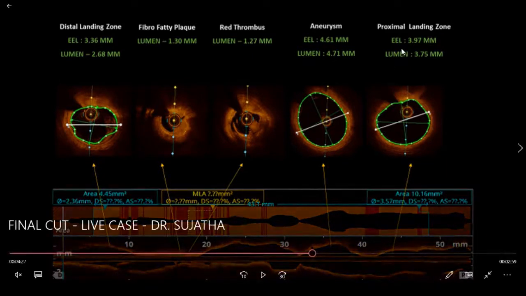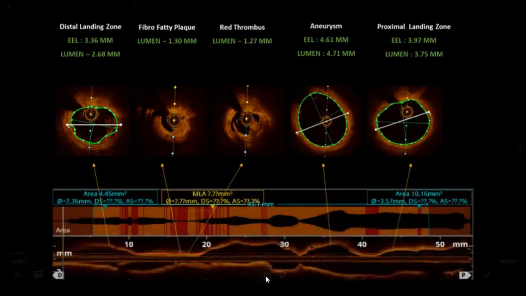Here the EEL to EEL measurement is 3.97 and the lumen measurement is 3.75. So we downsized a quarter size based on EEL, and a quarter size up based on lumen-based criteria. We chose a 3 stent, and we chose a 3.0 by 33, and we decided to go ahead directly with stenting.